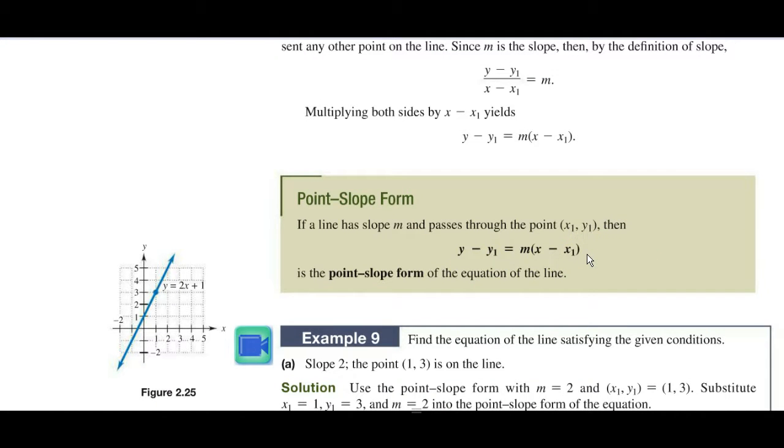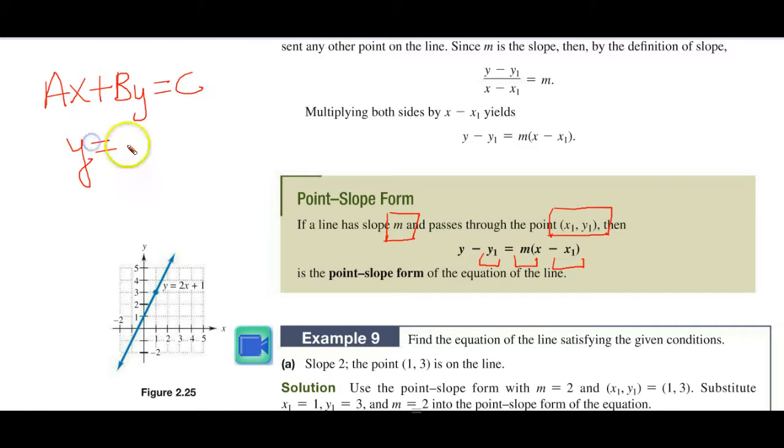Basically, this form states that if you know the slope and you know one point, you can substitute the point and the slope into this equation and generate usually either standard form or slope-intercept form.